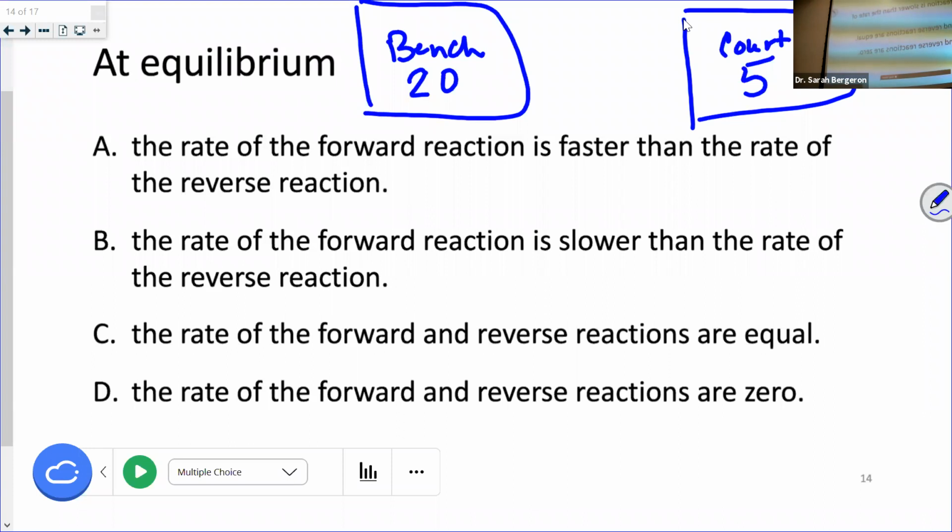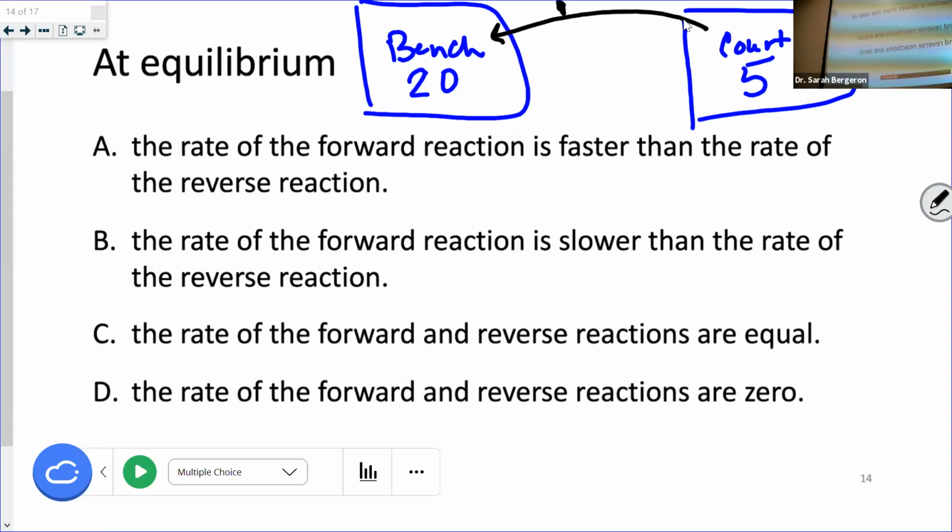We got 20. Now, in order to play the game of basketball, if somebody leaves the court, if one person leaves the court, only one, what else has to happen?